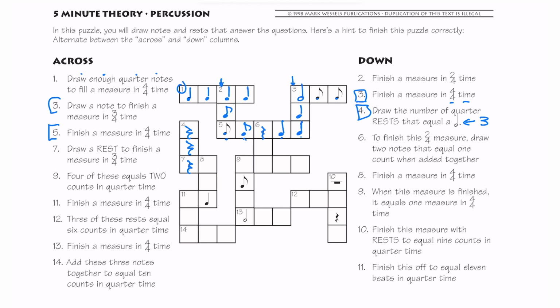Let's go ahead and do 6 down since it's right here. To finish this 2/4 measure, draw 2 notes that equal 1 count when added together. That's a lot of verbiage here. So finishing a measure in 2/4, I'm drawing 2 notes that equal 1 count. If I have 2 notes that equal 1 count, what kind of notes would they be?